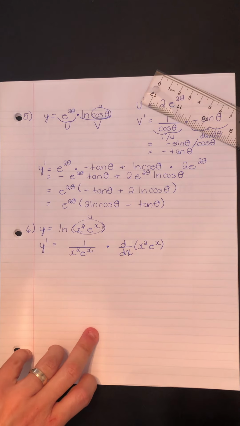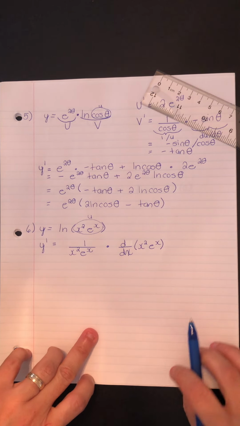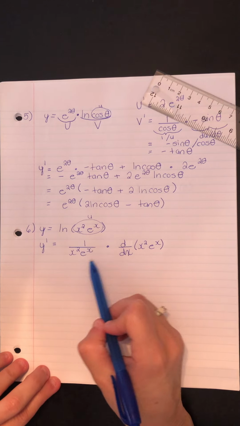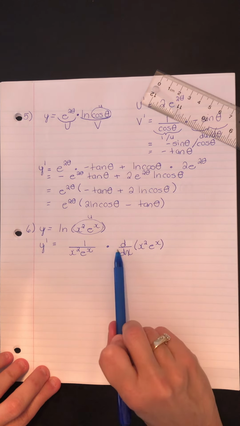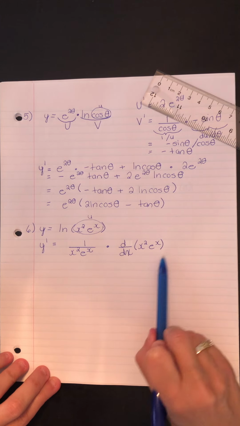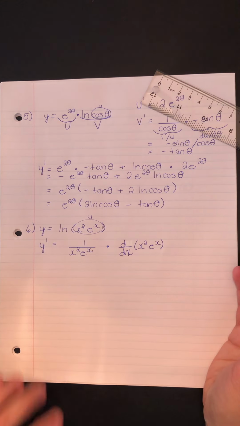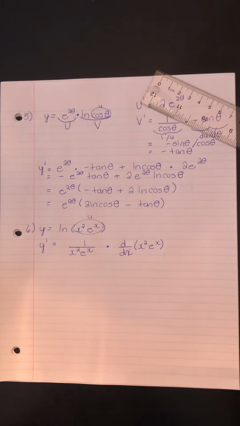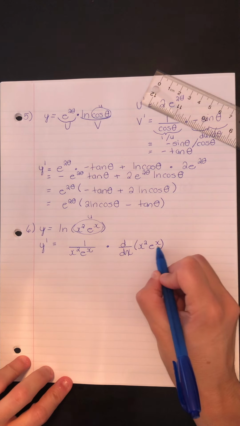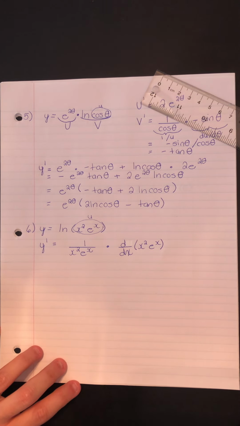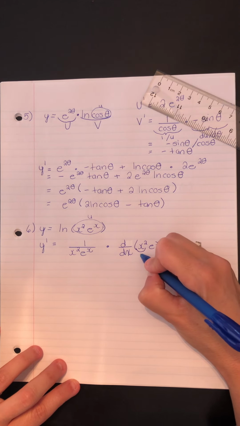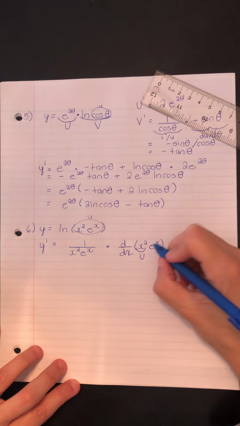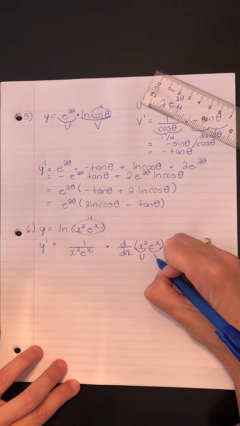Okay, so those two things were equivalent. But it definitely starts like this with the 1 over u times, now right here in this place, we need the derivative of this. Well, now here's the interesting part. How do you form the derivative of this? Well, it is two functions of x multiplied together, which means it's a product. That's u and that's v.